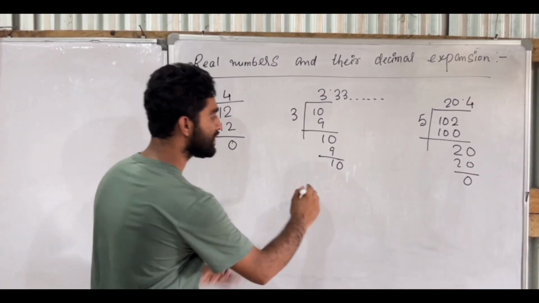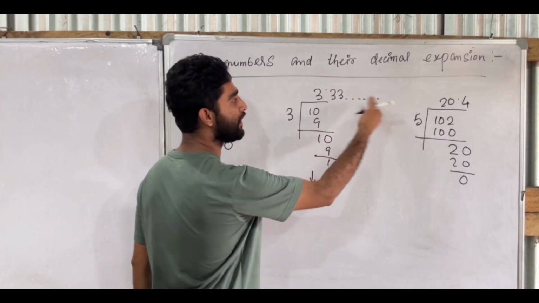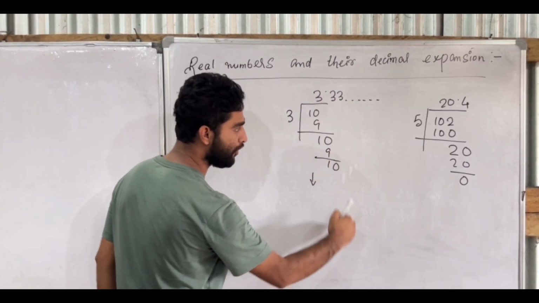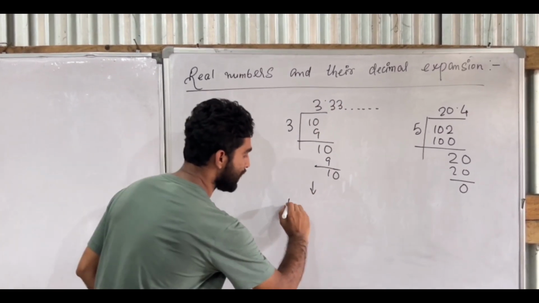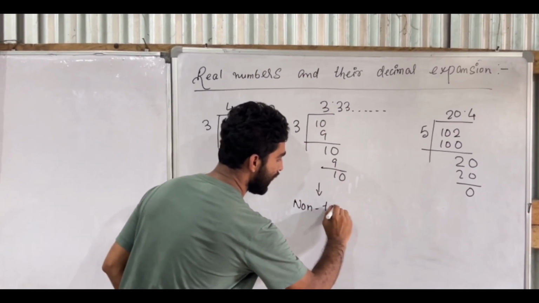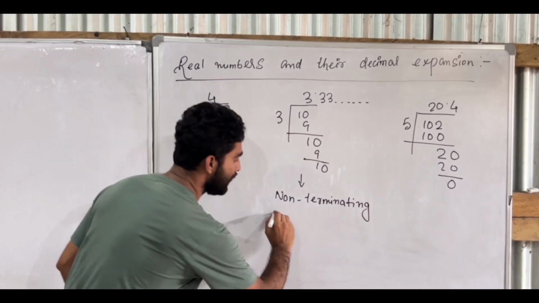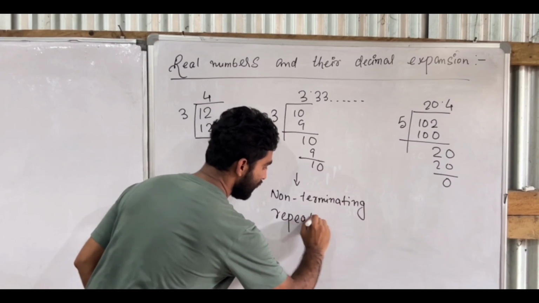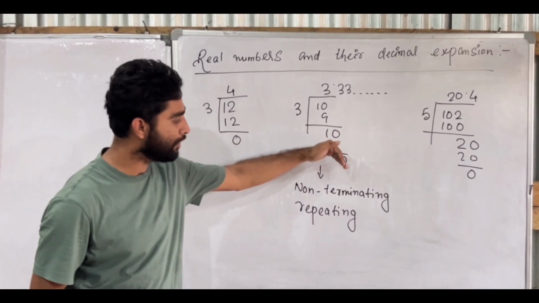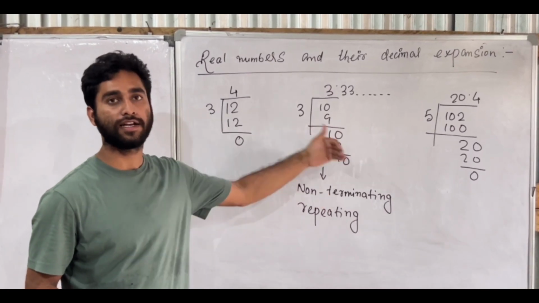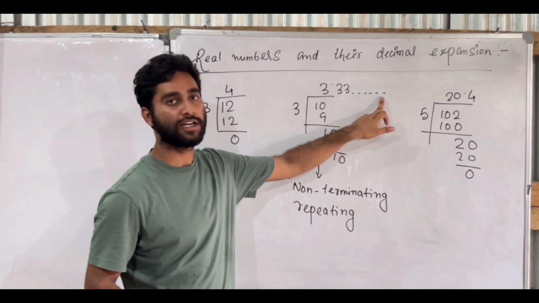Now this type of decimal expansion, where after the decimal point the digits keep repeating, here you see 3 point, if I keep on dividing I will get 3.33333 like this. This kind of decimal expansion is called non-terminating repeating, or recurring, decimal expansion. Why is it called non-terminating? Because the digits will not terminate after the decimal point.